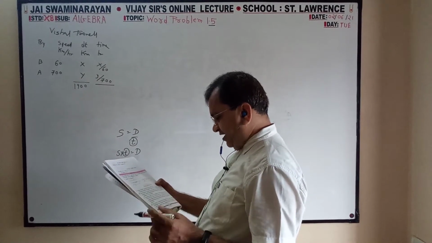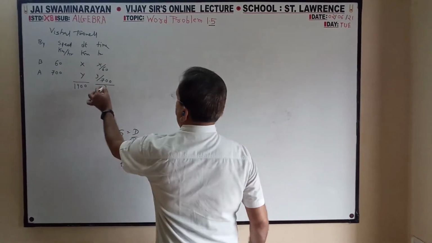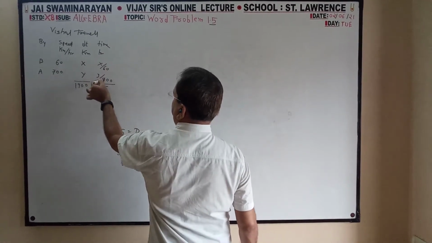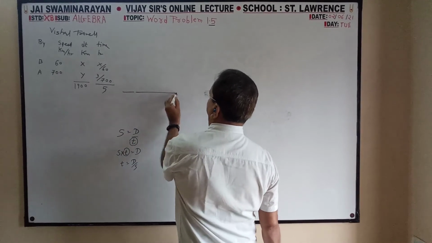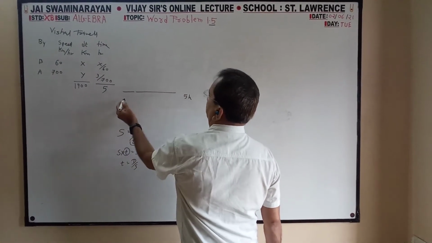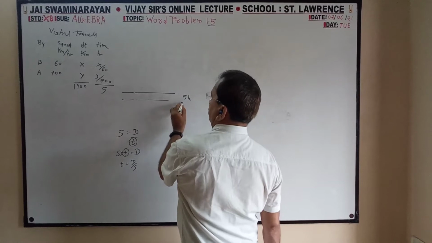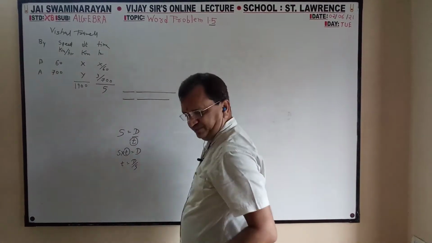It takes 5 hours to complete the journey. So the time by bus plus the time by aeroplane is total 5 hours. Distance by bus plus distance by aeroplane is 1900 kilometers.